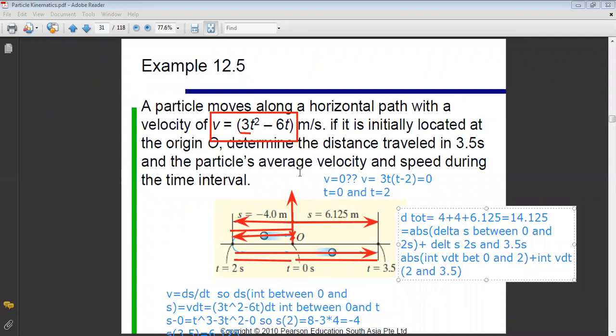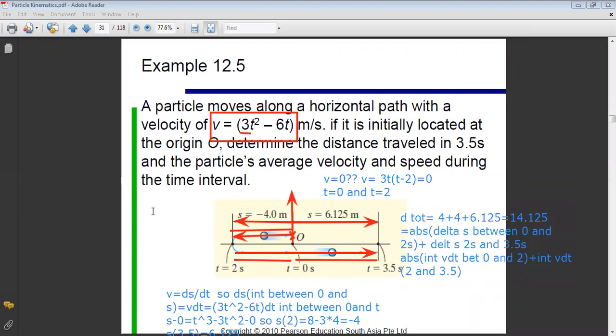Now, in a second step, I want to calculate the average velocity. What is the average velocity by definition? V average is equal to delta s over delta t. I just care about the initial and final position. So for delta s, I take s at 3.5 minus s at 0, over delta t, which is 3.5.